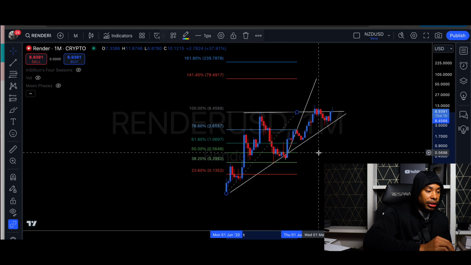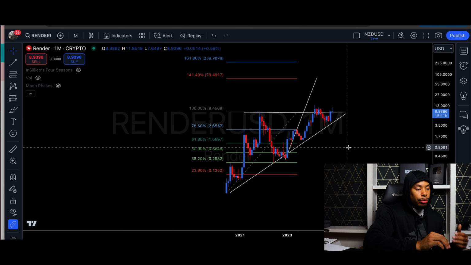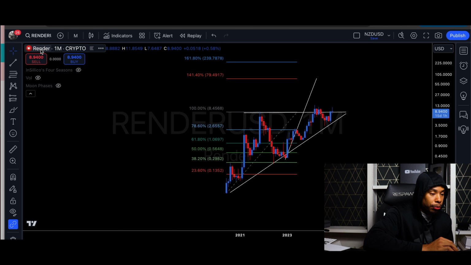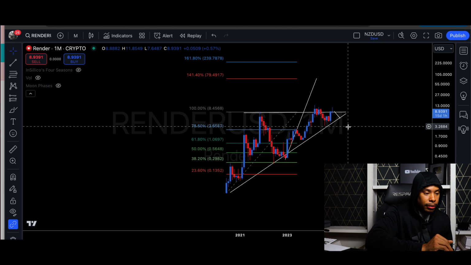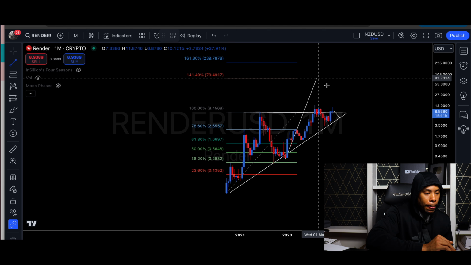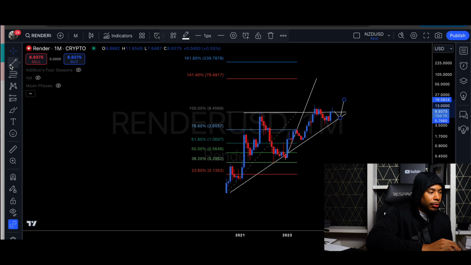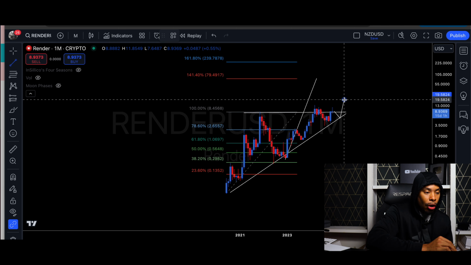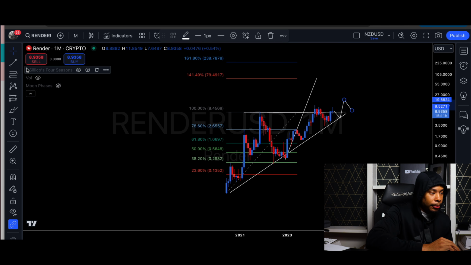OK, so here's the other thing. When it comes to triangle patterns, OK, they all do the same thing. So here's what will happen. We're going to move down like this onto the inside of the triangle, followed by a move up, setting a new high, returning into this old level of resistance, which is now support.